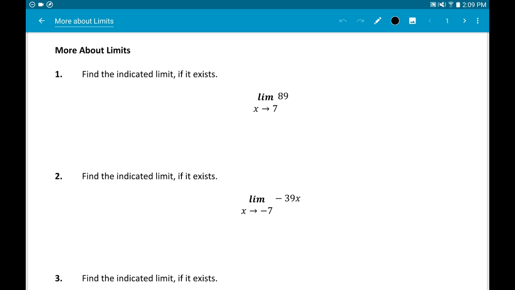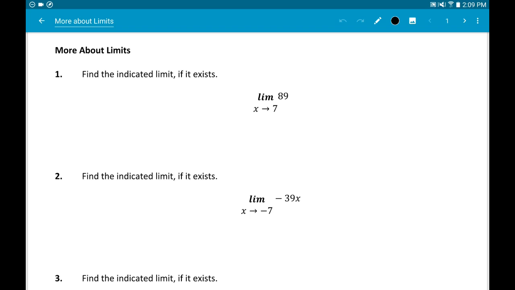But let's go ahead and look at these first, I believe, first 5 questions on your printout. These are things that you would have learned already in the previous 2 sections. Okay, so number 1 here, the limit as x approaches 7 of 89.